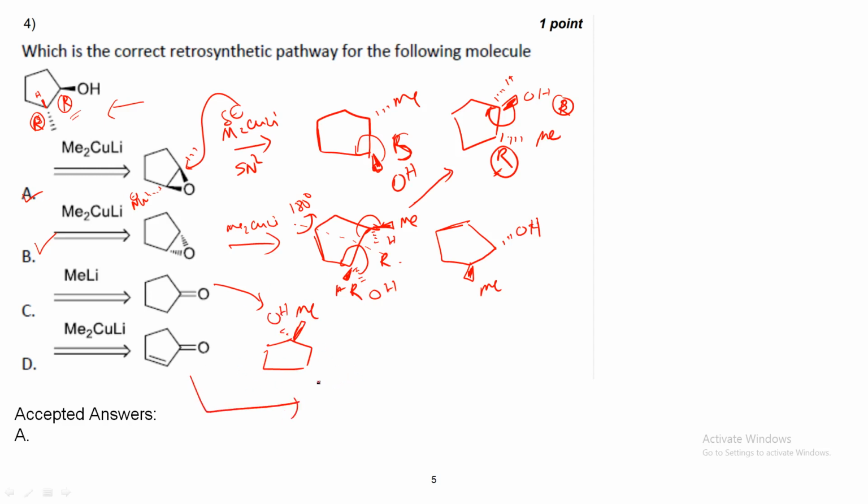And for this case again you can see the Gilman reagent, it would do the 1,4 addition due to its soft center, and it is a soft nucleophile, soft matching, and it would generate this type of molecule. Again it is not related to that, so the accepted answer should be A or B.